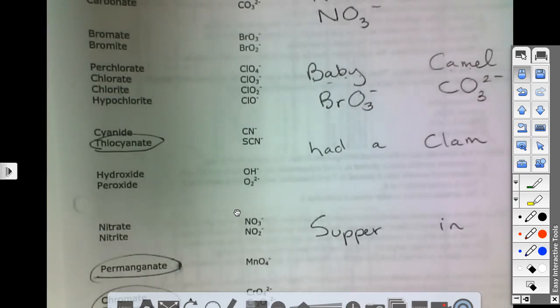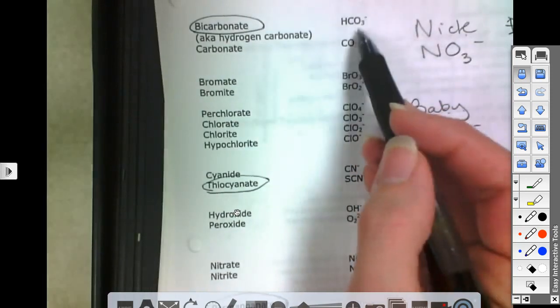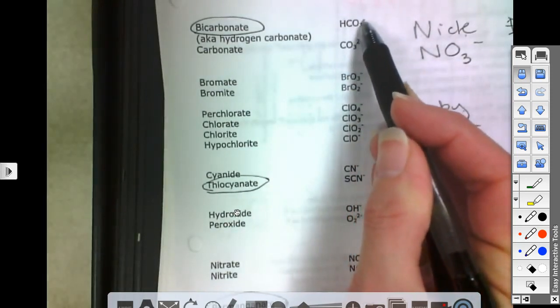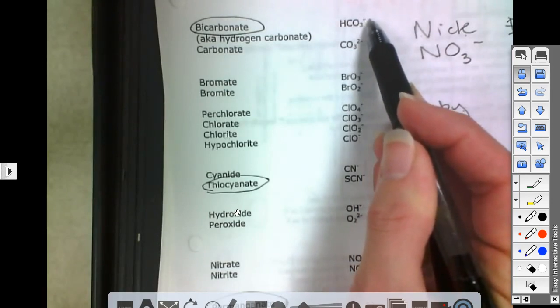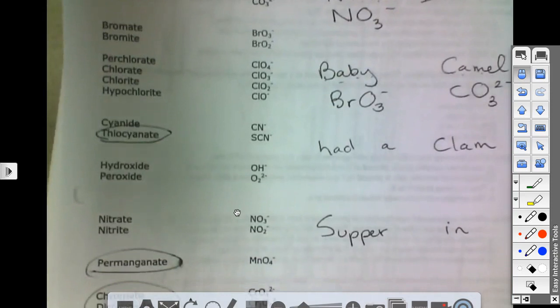When you do bicarbonate, do you remember what the charge of hydrogen is when you use it as an ion? We just talked about it. It's 1 plus. If you put an H on here, you lose one of the negatives and it becomes just 1 minus. Do you see what I'm saying there?